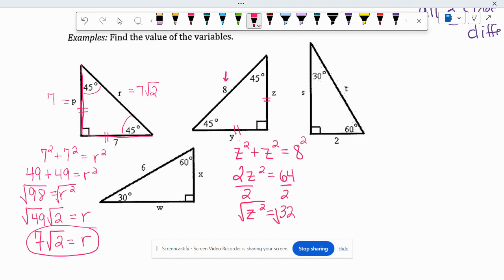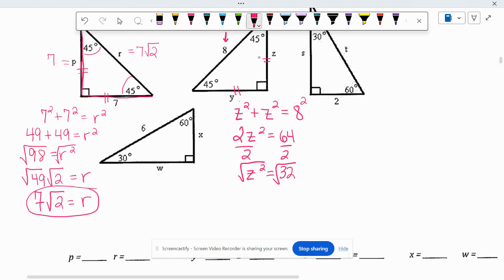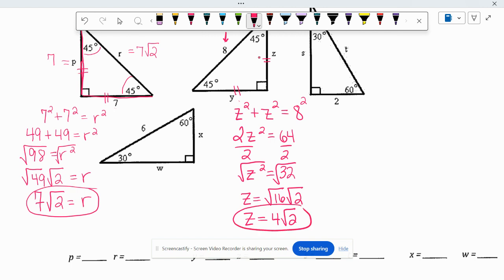Take the square root of both sides. And when I do that, I know that z equals, well, 32 is the same thing as the square root of 16 times the square root of 2. So z, my leg, is 4 root 2. Both of these are 4 root 2 because they're congruent.